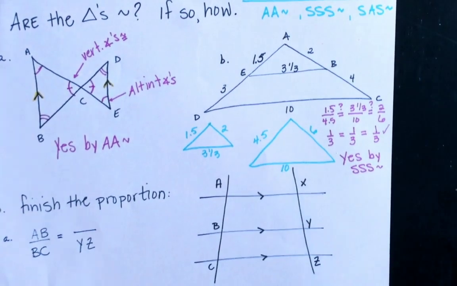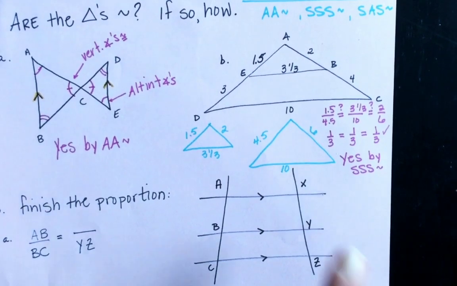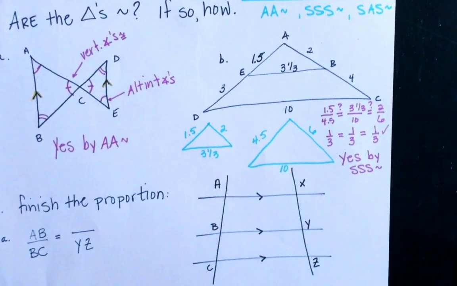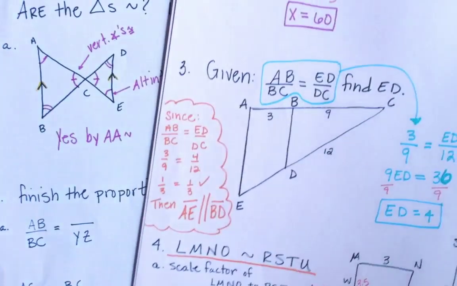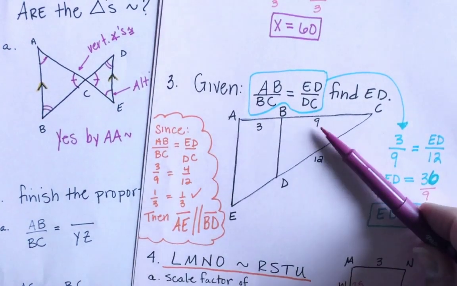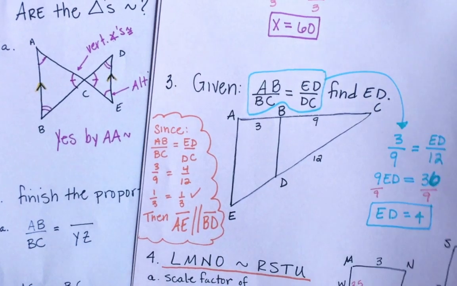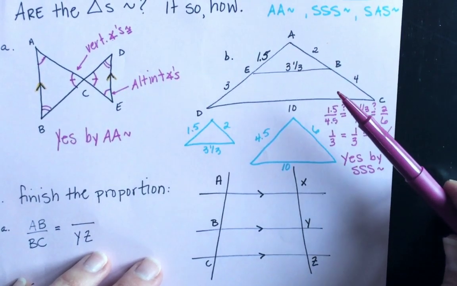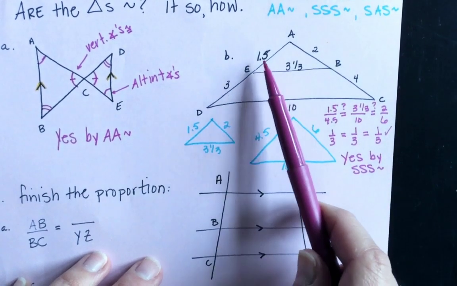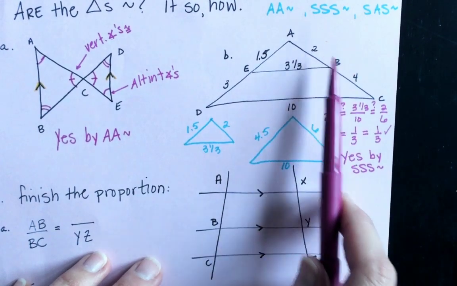Now again, your check may be a lot faster than this, but this is why it's happening. So again, just a review. Just like on that other sheet where 3 to 9, 4 to 12 did both reduce to 1/3, so got us our parallel lines, we should also be able to tell that it is similar because 1.5 to 3 is a 1 to 2. 2 to 4 is a 1 to 2.